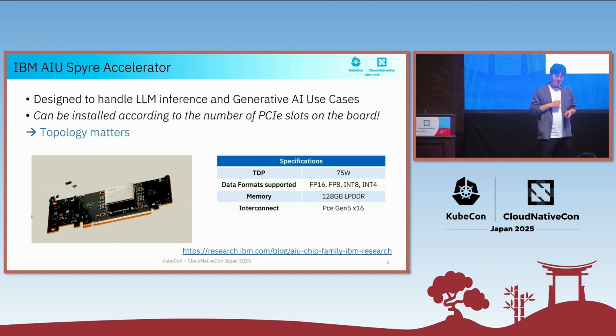That means we can set up these cards according to the number of PCI slots on the board, so 2, 4, 6, 8, 12, whatever. This brings topology into play, so we need to consider topologies more and more.